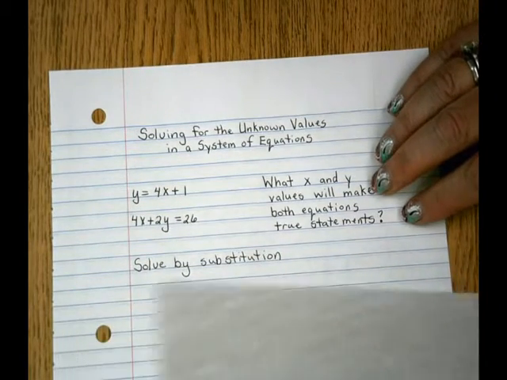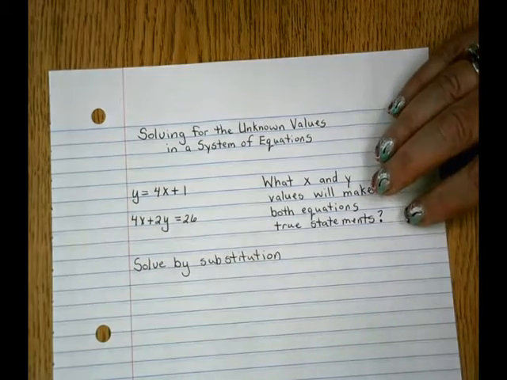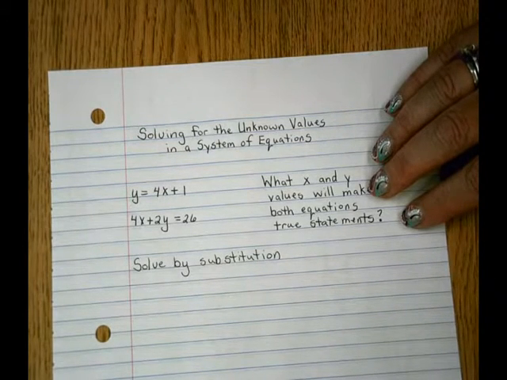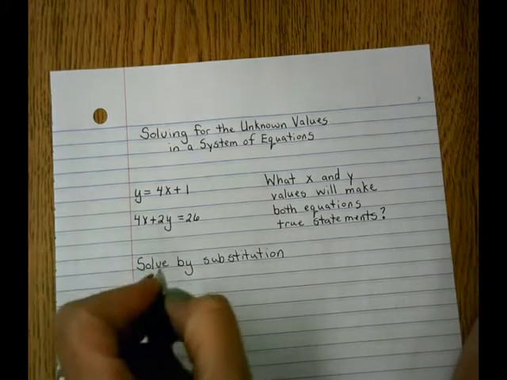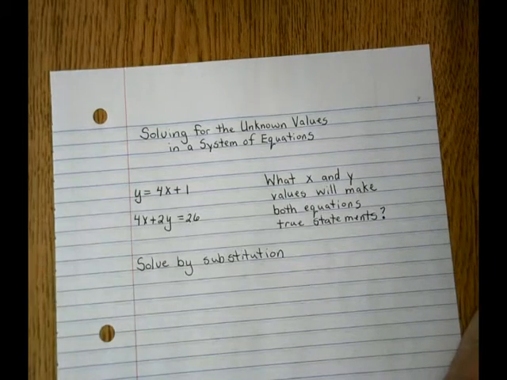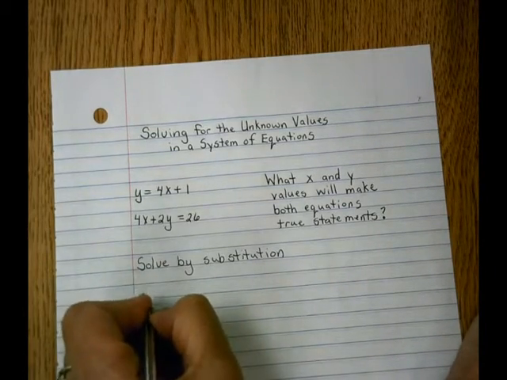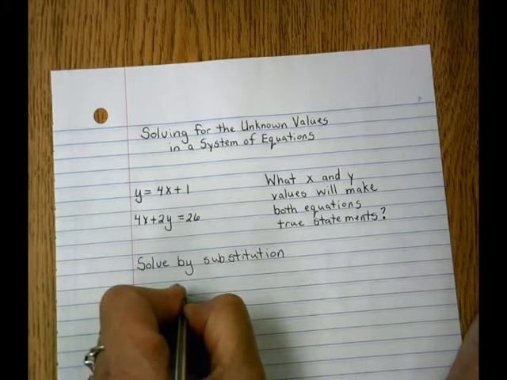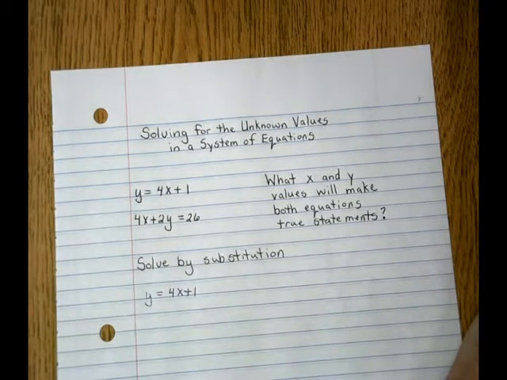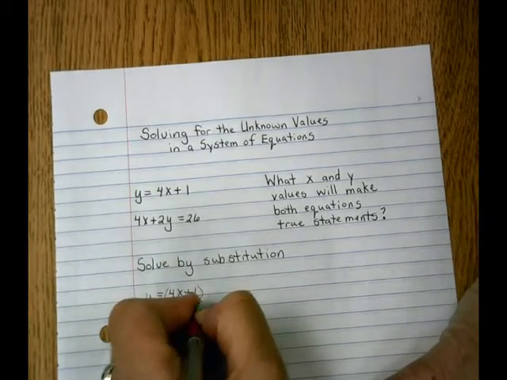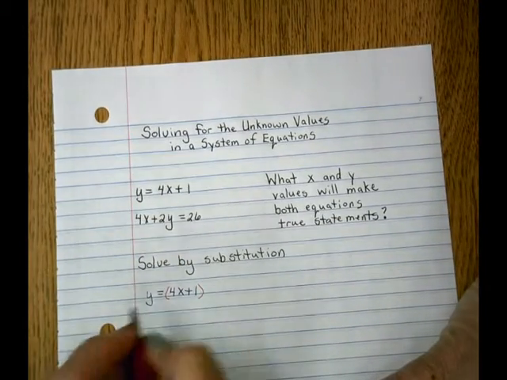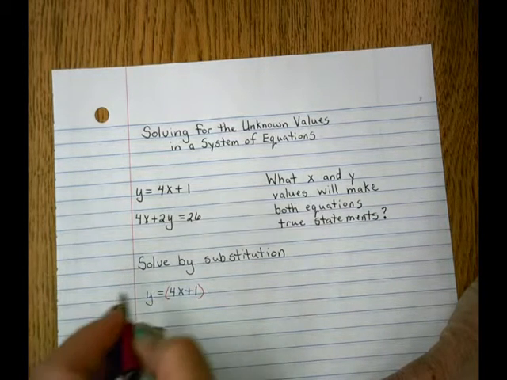First, we'll solve by substitution. In substitution, we take one expression and put it in place of another. So in the equation y equals 4x plus 1, I can take the expression 4x plus 1 and put it anywhere I see a y.